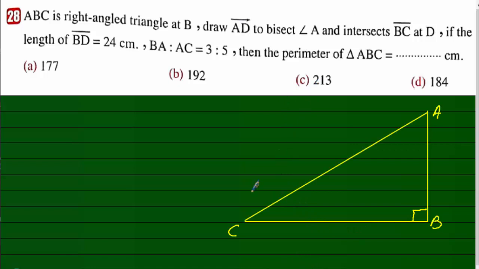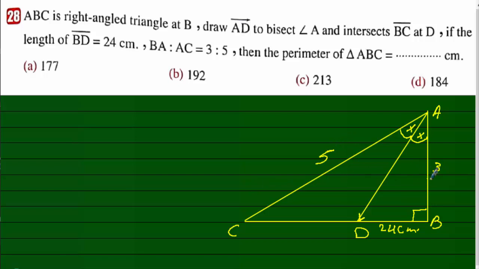Draw AD bisecting angle A. We have AD bisects angle A, it's the ray, and intersects line segment BC at D. If the length of BD equals 24 centimeters, and BA to AC equals 3 to 5.